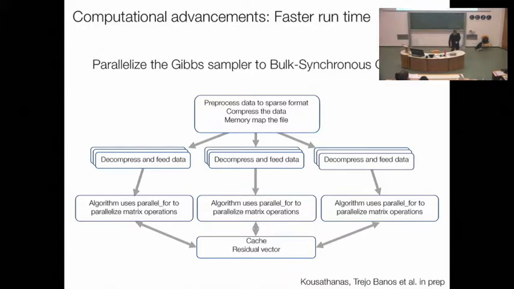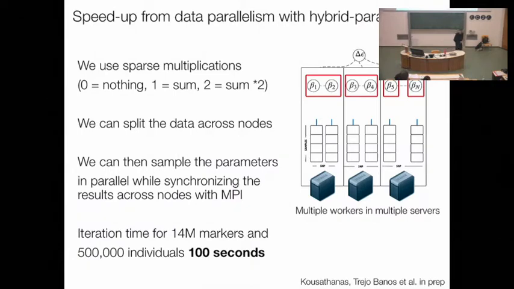But can we do better? Yes. So we can, A, utilize the sparse information as I'll describe, but B, break everything up across nodes. The main thing for us is that dot product between the marker and the phenotype, because we're doing it 14.5 million times, and then we're doing that 10,000 times. So it's quite a high computational burden, and the length of that vector is 460,000.